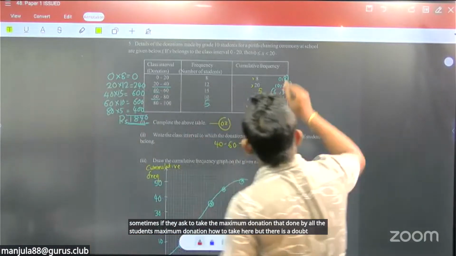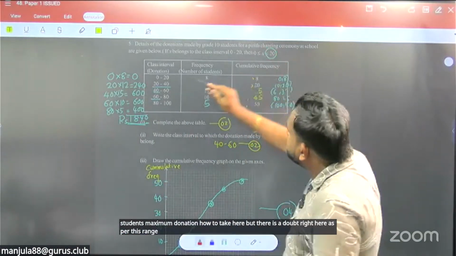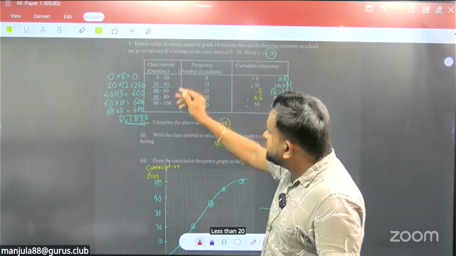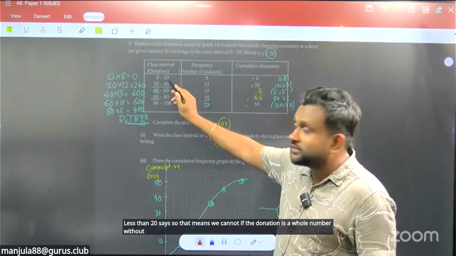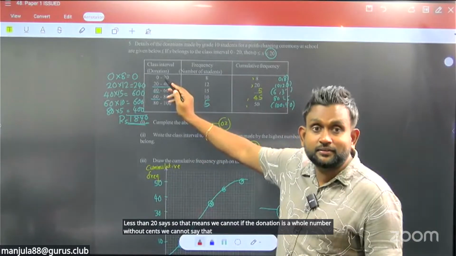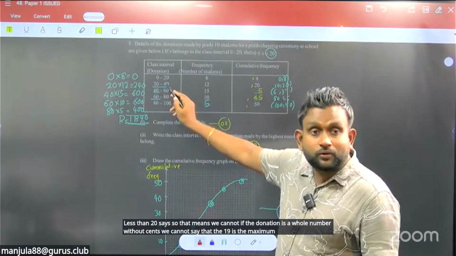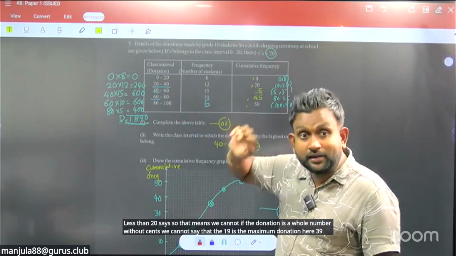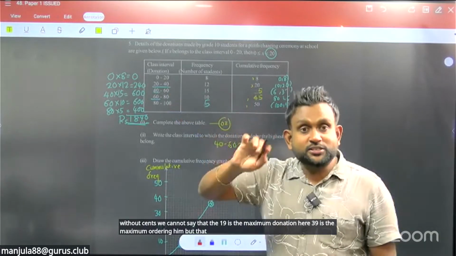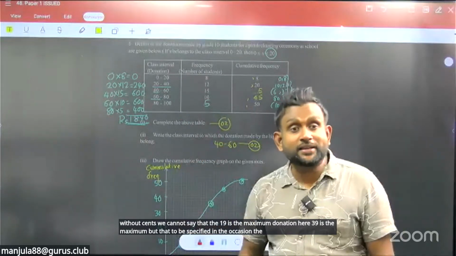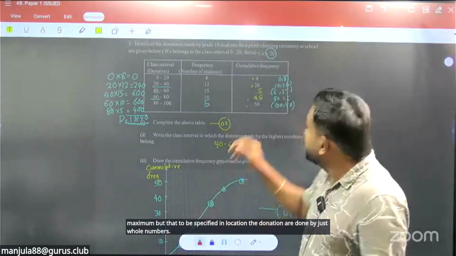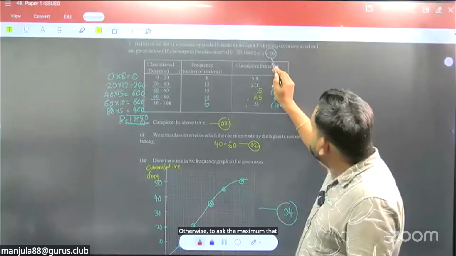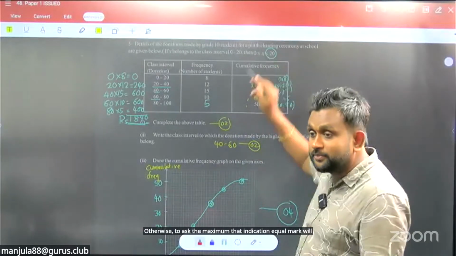Here, as per this range, less than 20, if the donation is a whole number without cents, we cannot say that 19 is the maximum donation. 39 would be the maximum donation, but that must be specified in the question, that the donations are done in whole numbers. Otherwise, to ask for the maximum, the equal mark will be applied to the upper limit.